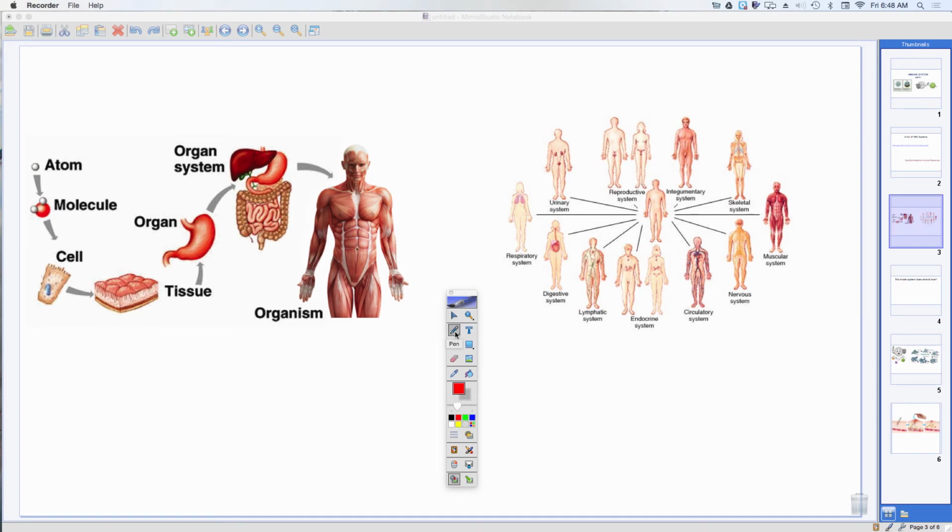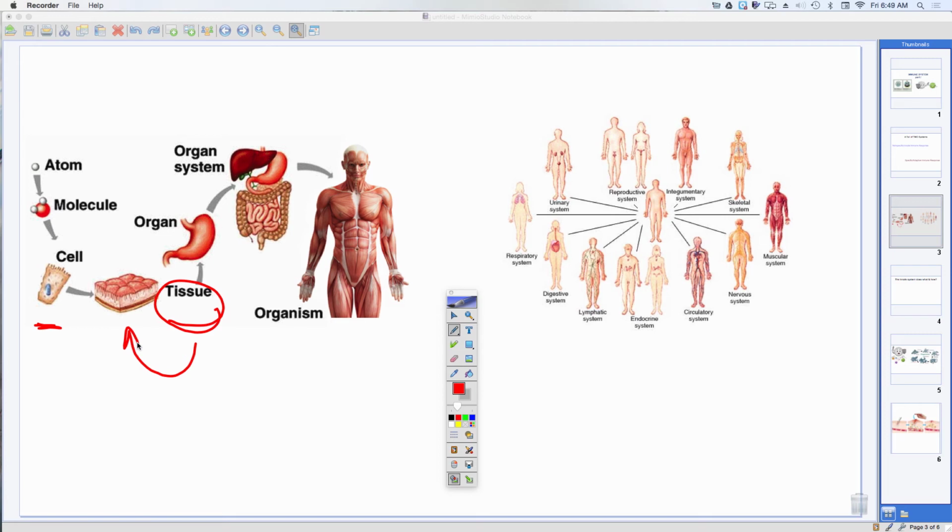So we know that life is cellular, and when a group of cells, often similar types of cells, are working together, we define them as having tissues. If you talk about muscle tissue, you can have smooth muscle tissue, and that's the tissue that makes up organs.